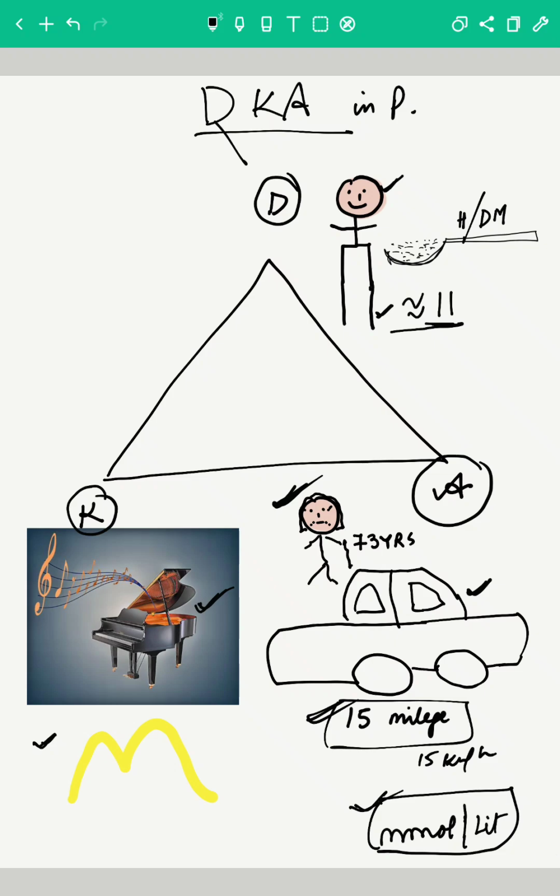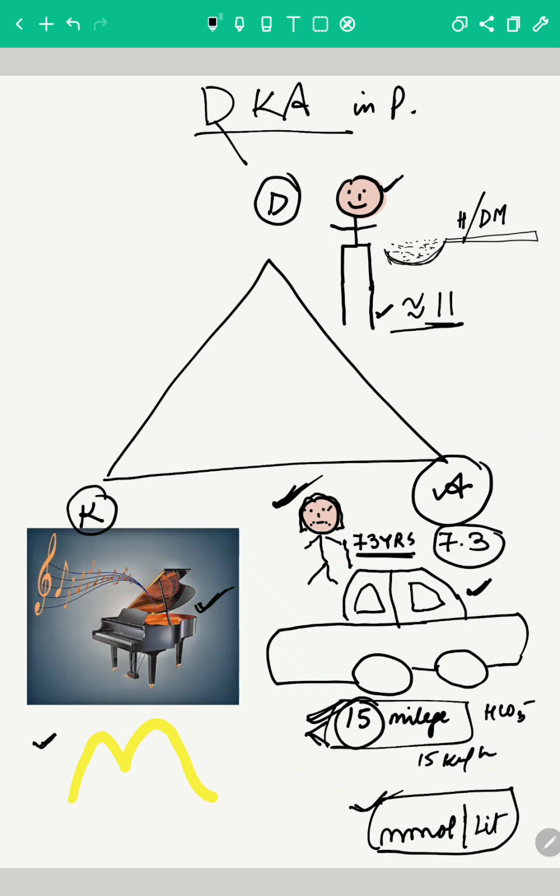And what is this number 15, which is symbolizing the mileage or the speed of the car, is nothing but the bicarb level. So the bicarbonate level less than 15 millimoles per liter, and grandmother, that is the pH of 7.3.